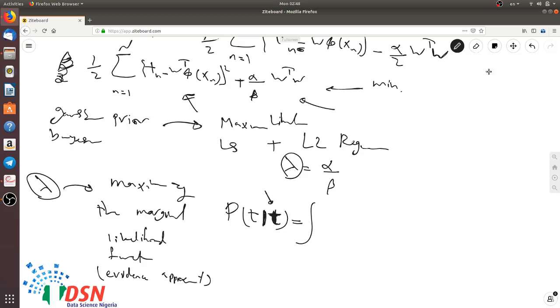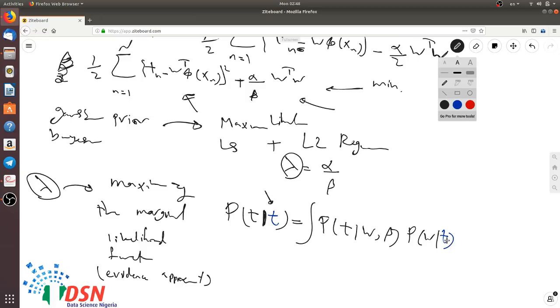So maybe it is better to write this with another color. So these are training target values. It is equal to the integral of the likelihood times p of W given alpha, beta, the data set, and target values, dW.